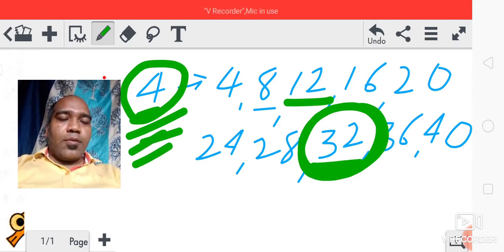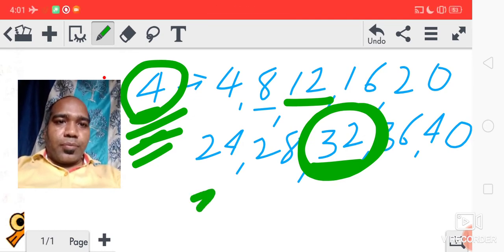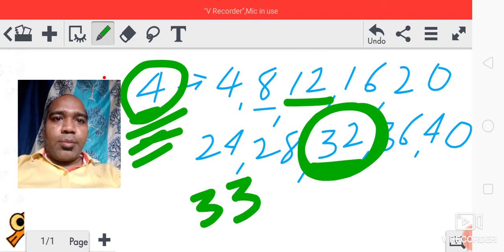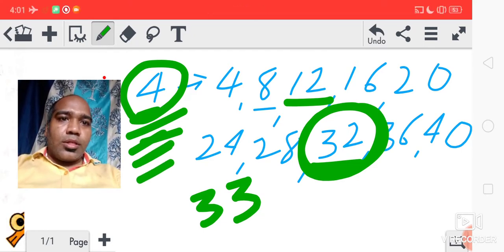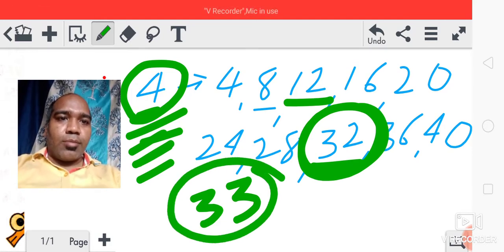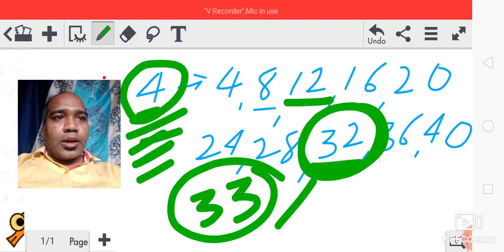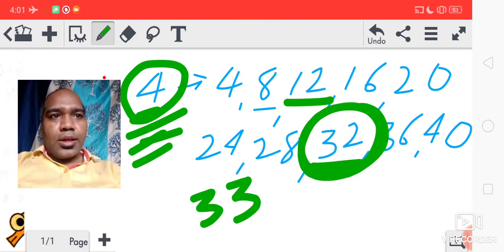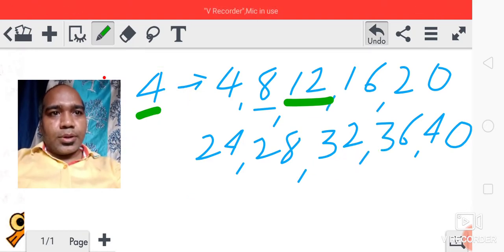If I ask you whether 33 is a multiple of 4, can you see 33 in the table of 4? 33 doesn't come in the table of 4, so it is not a multiple of 4. So whatever comes in the table will be a multiple. Got it?